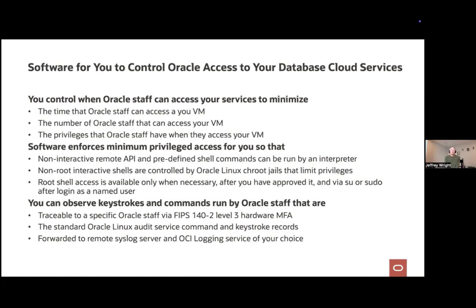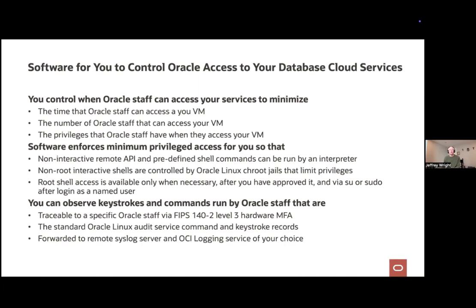Back to how this works, you observe keystrokes and commands run by Oracle staff, the gold standard for how things work. It is worth noting that if I were to shell in through a third-party PAM product, you could see the commands that I run, and maybe that third-party PAM product is smart enough to see the shell that runs after, and maybe it does it through Oracle Linux Audit Service. We're bypassing all that extra wrapping.